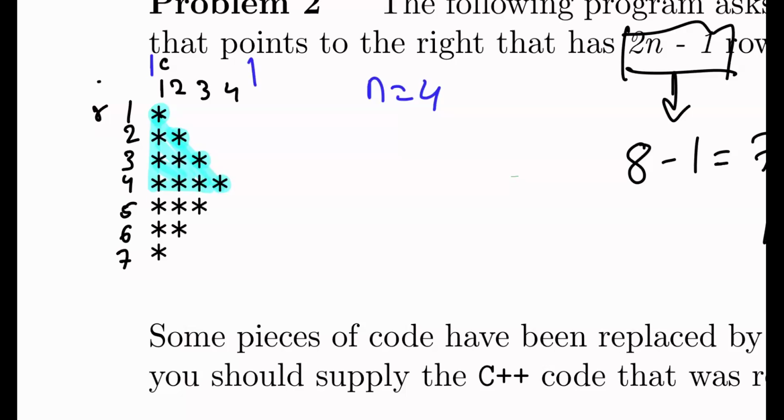As long as the row is greater, you should print. So you will get this upper triangle. You're right, Alyssa. Okay, we get the upper triangle. How can we get the lower triangle?